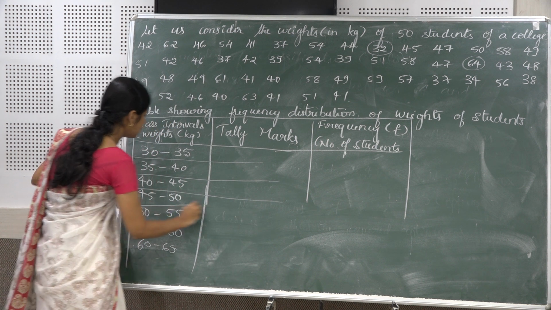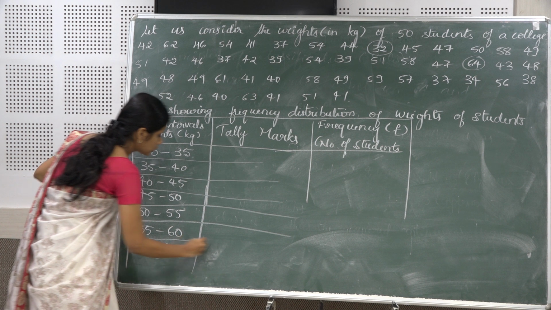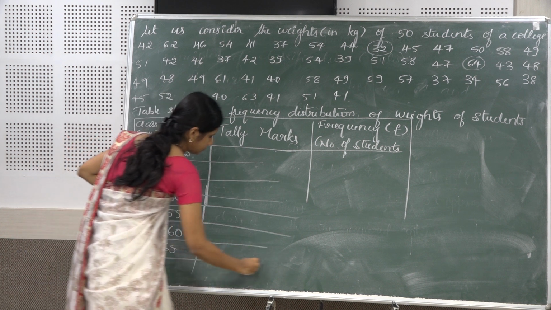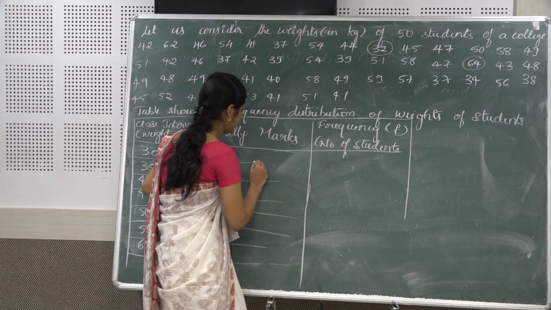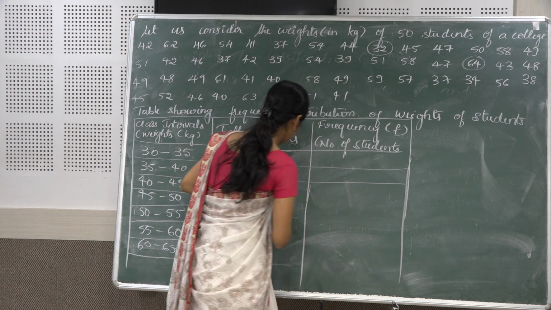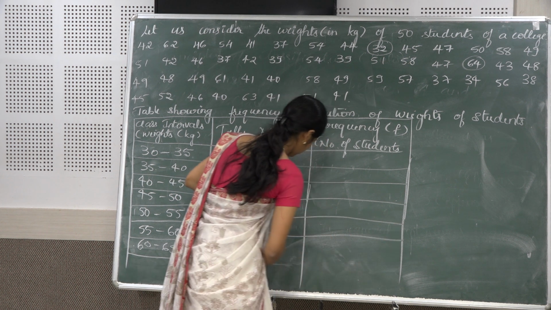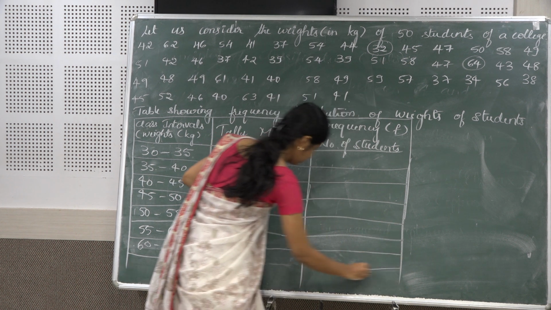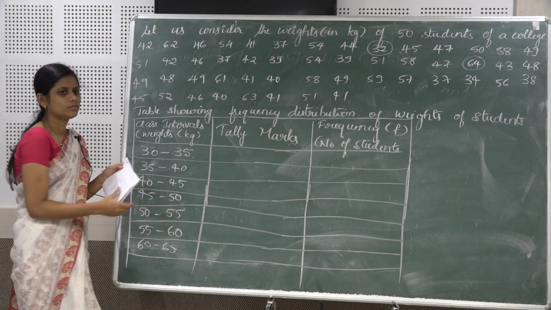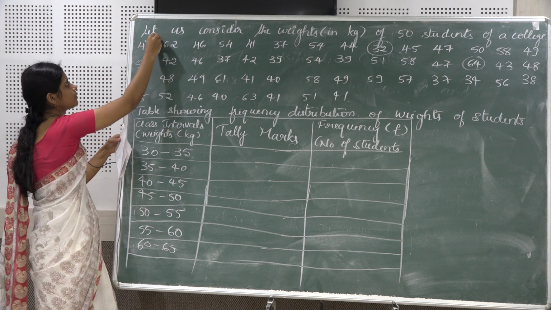Now we will start marking tallies in front of the classes where the values lie, one by one. First value is 42.